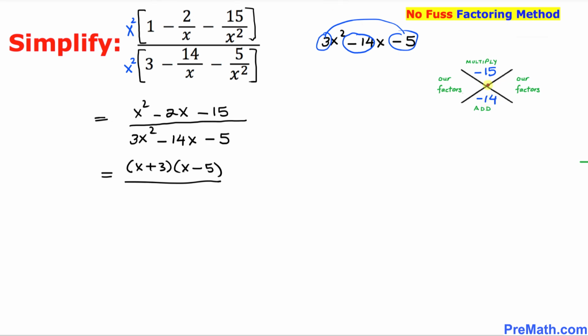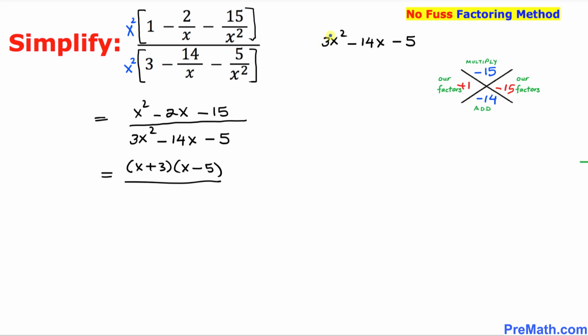Next, let's find the factors of negative 15. The possible factors are going to be 1 and 15, and we have to fix the signs, so it's going to be a positive 1 and negative 15. If we add these numbers, positive 1 and negative 15, we get negative 14, and if we multiply them, we get negative 15.